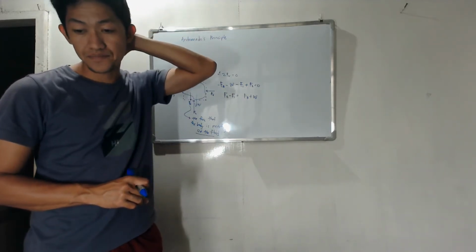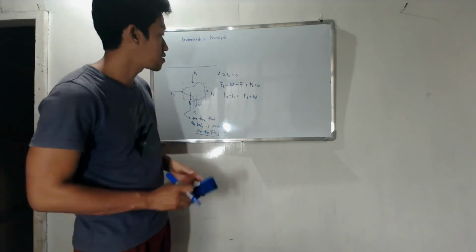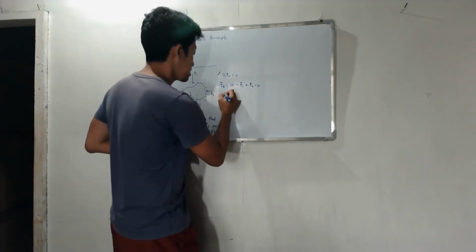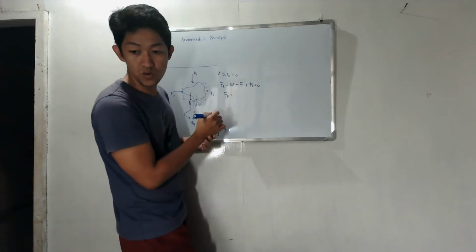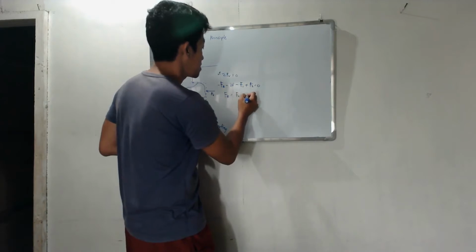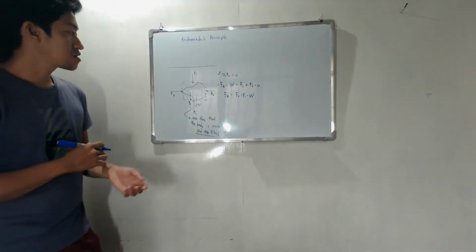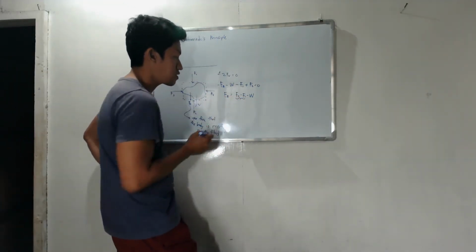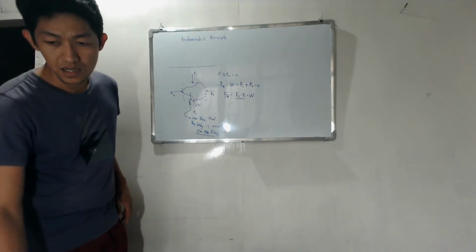Then F sub B is just F2 minus F1. So to get F sub B, we need the value of F2 minus F1.